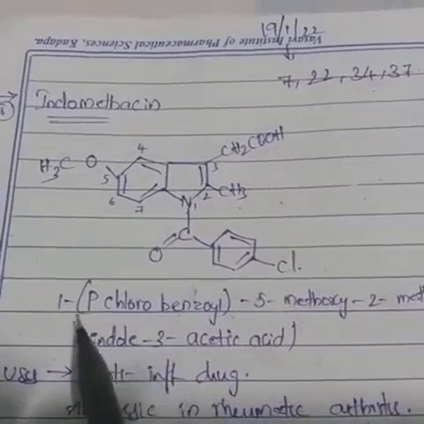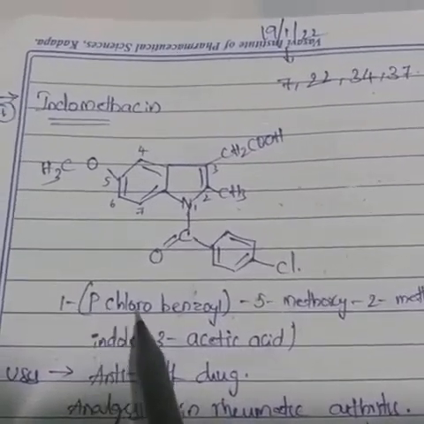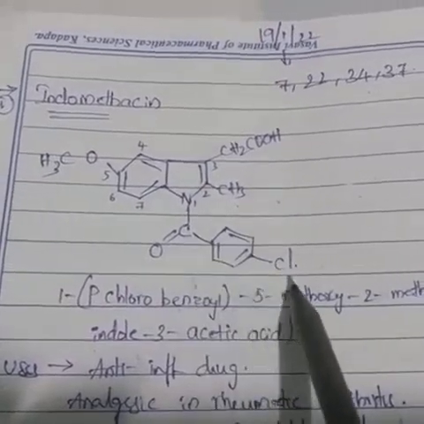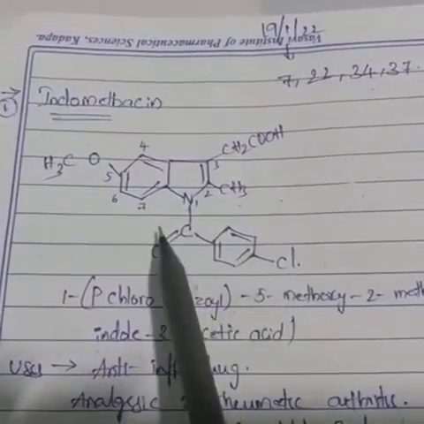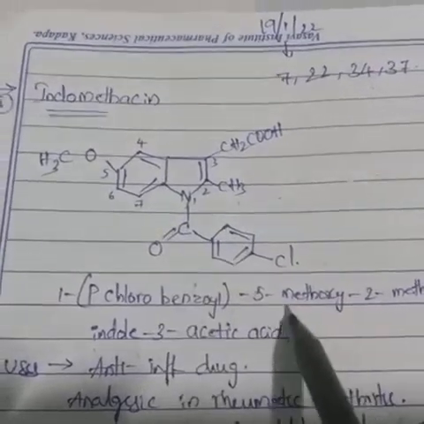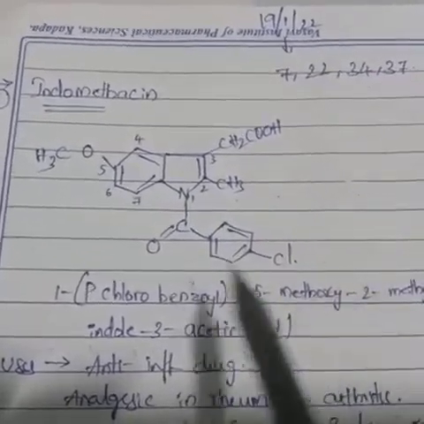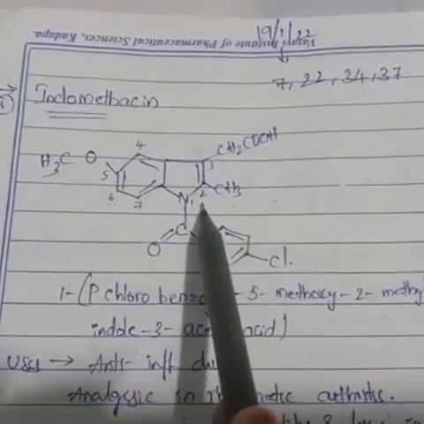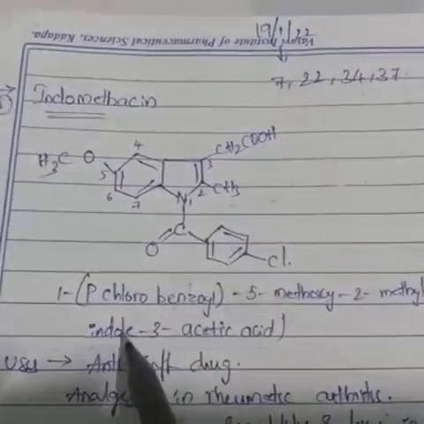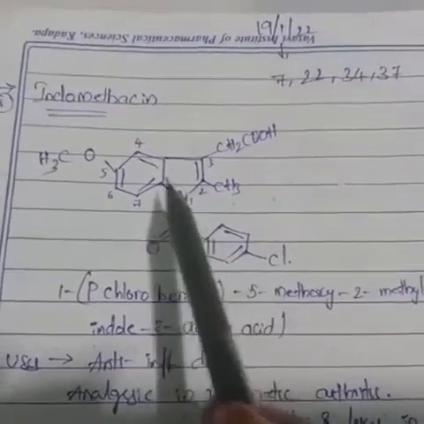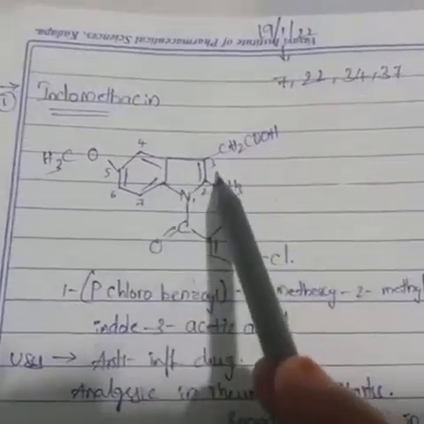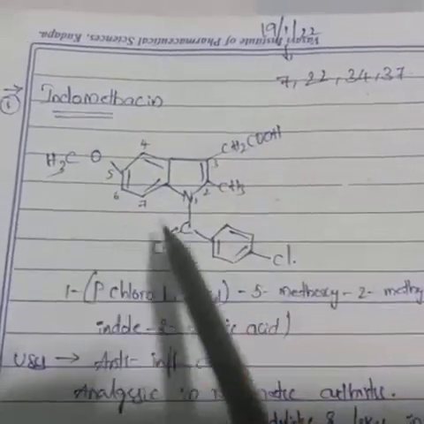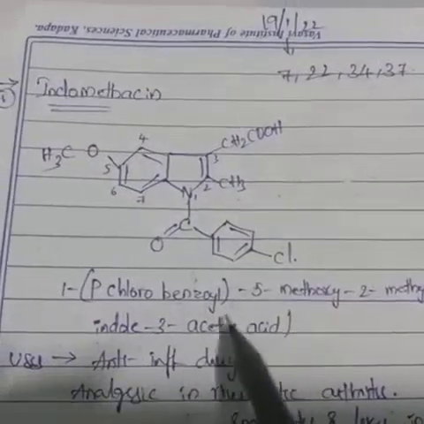See the IUPAC name: 1-(para-chlorobenzoyl)-5-methoxy-2-methyl indole-3-acetic acid. This is the indole ring, and at the third position acetic acid group is there. This is the Indomethacin structure, and this is the IUPAC name.